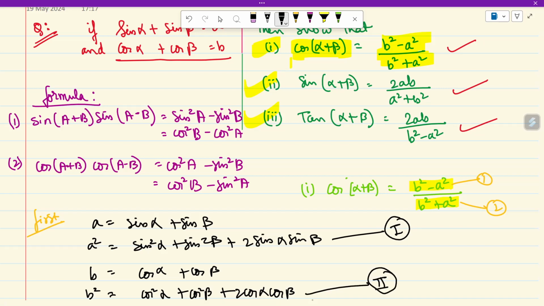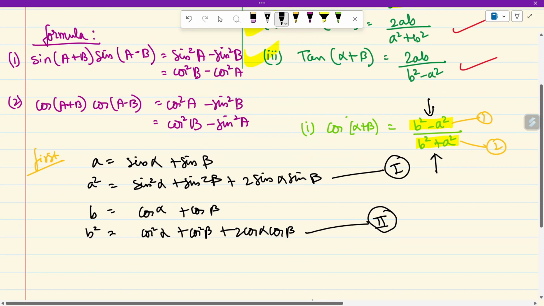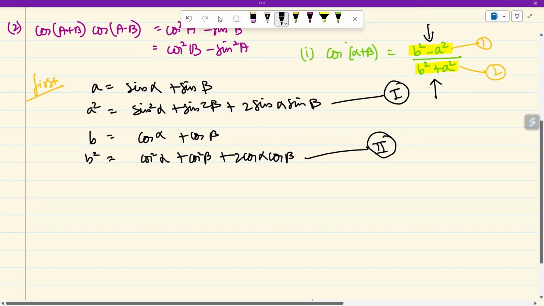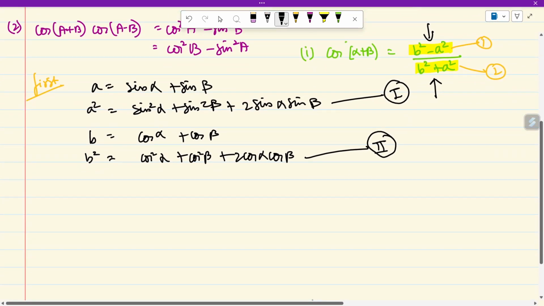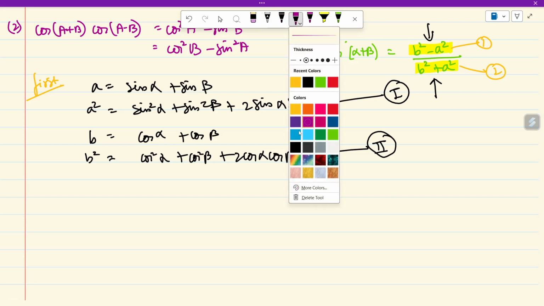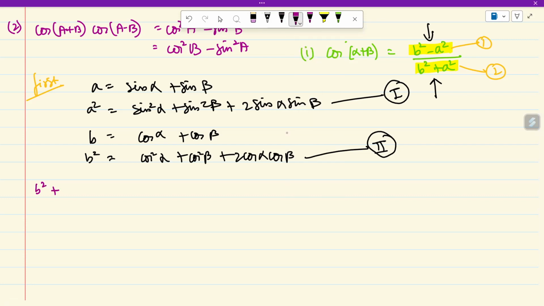Now we need B square minus A square and B square plus A square, so we will find these two separately and see what answer comes. First let us find B square plus A square.